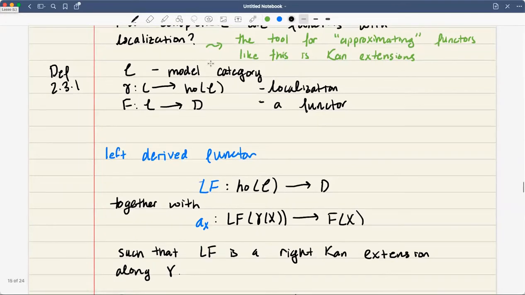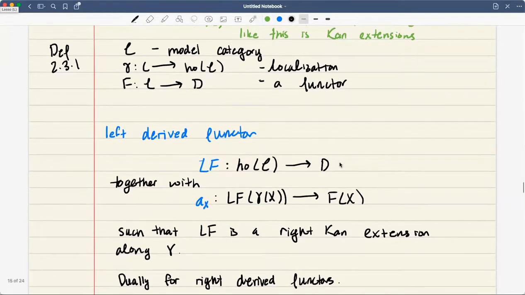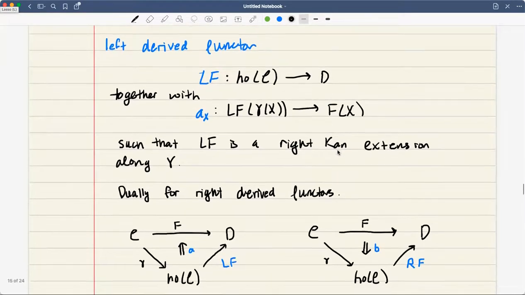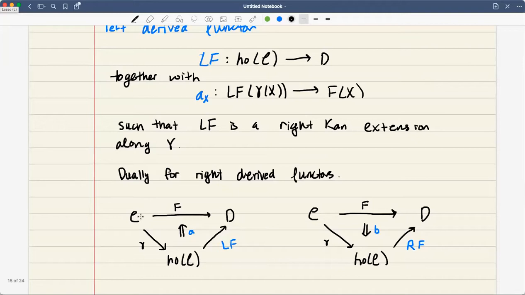But okay, we have a model category, we have localization, and let's say we have a functor between model categories. We can form what is called the left-derived functor. So what's happening here? We want to extend this functor from C to D to a functor from the homotopy category to D. We want to see what happens to this functor if we pass to the homotopy category in the domain, if we localize the domain.